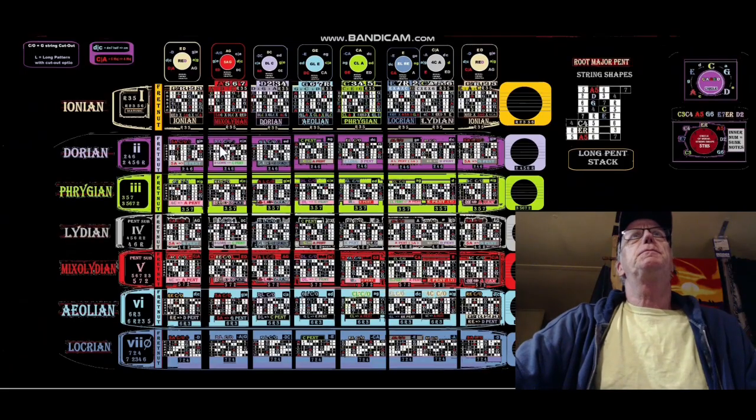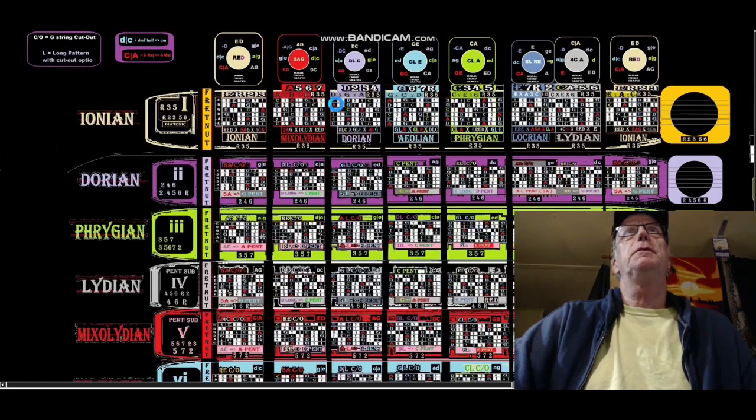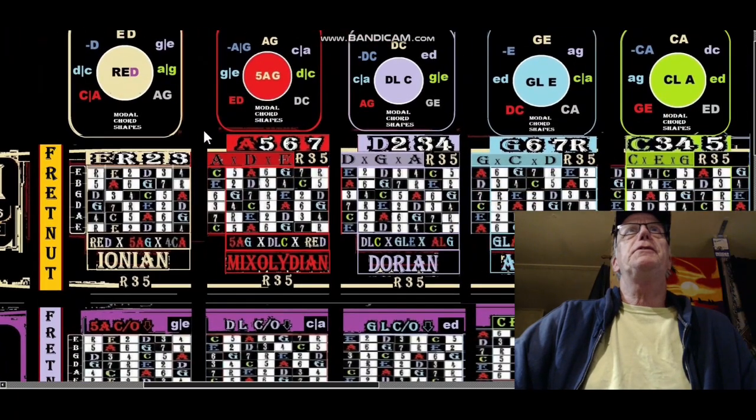I have split the vertical columns with the modal chords in each mode. I've put a spacer here so you can see what's going on, but let's look at this. Let's grab this Mixolydian R3-5 box.